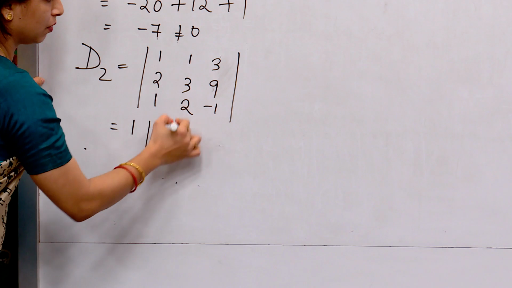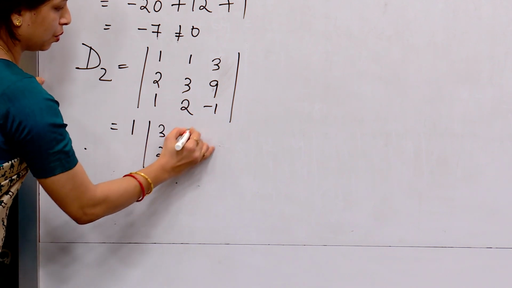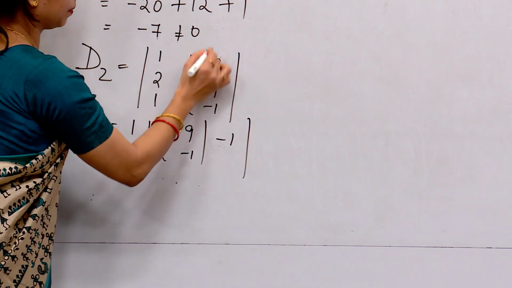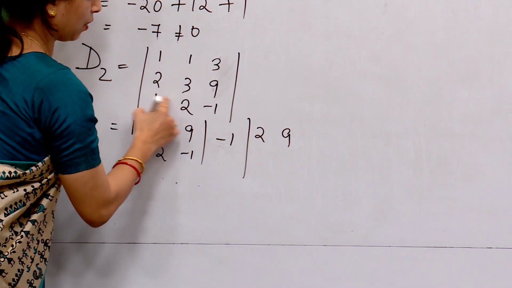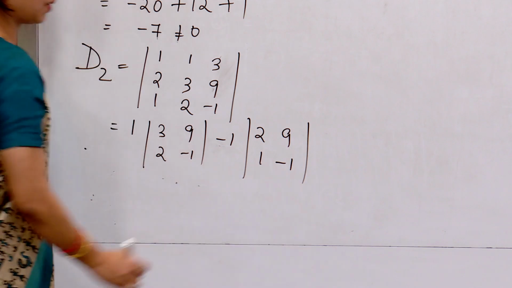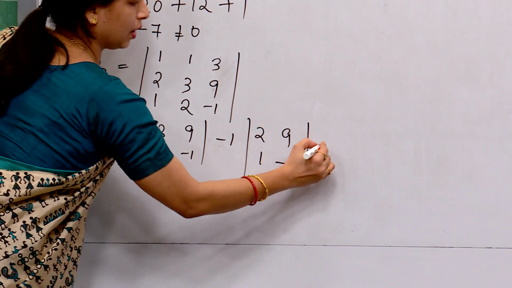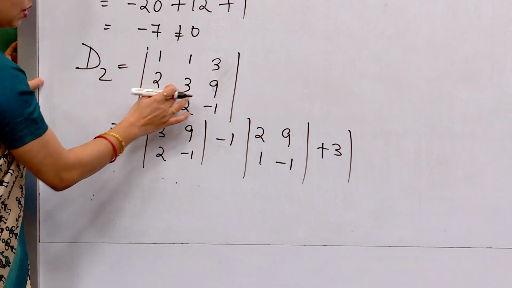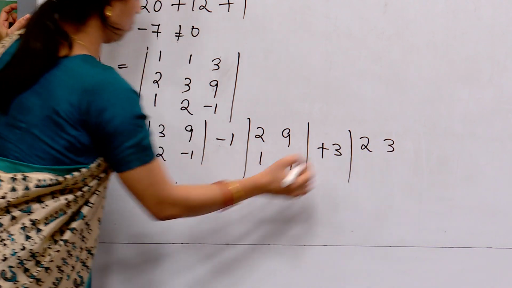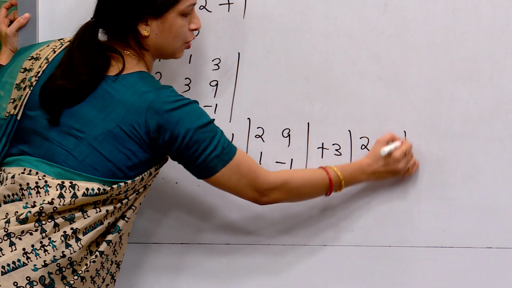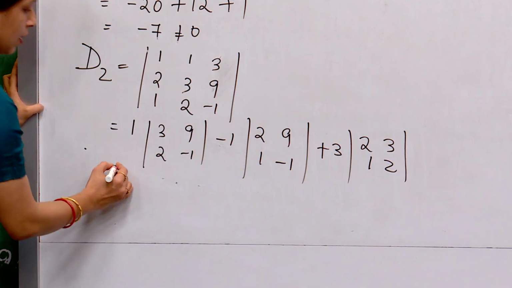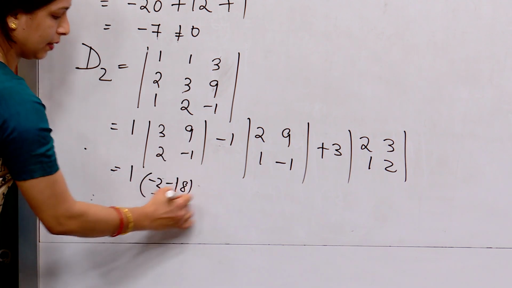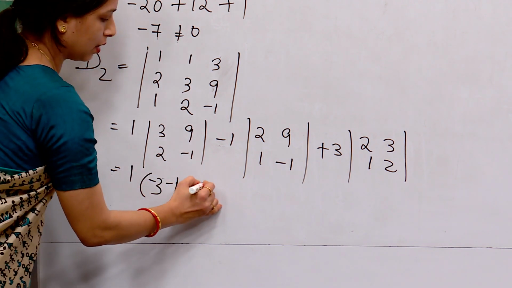So, again first row means 3, 2, 9 minus 1, again 2, 9 and 1 and minus 1, here 3. So, plus 3, deleting the row and the column in which it exists, the remaining second order determinant 2, 3 and 1 and 2. So, here again we will get minus 3 minus 18, here again minus 1.